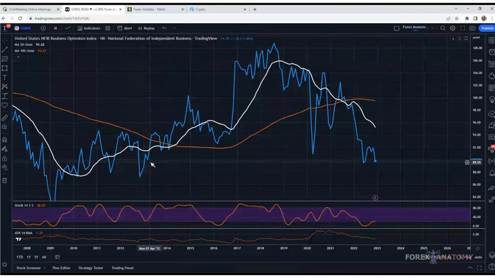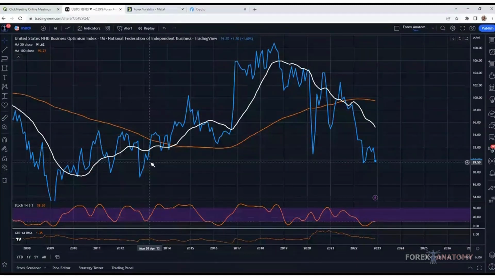Business optimism is a growth indicator, and it can be a leading indicator of where GDP and growth will be in the future, so this is definitely a troubling sign, along with inverted yield curves, which we've been pointing out for the year. We're seeing the yield curve continue to invert or remain in negative territory.